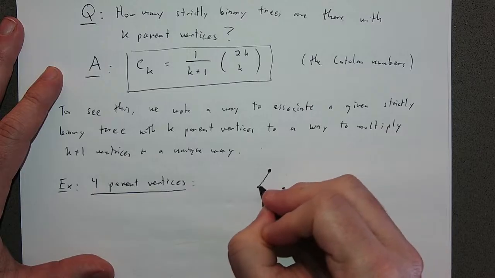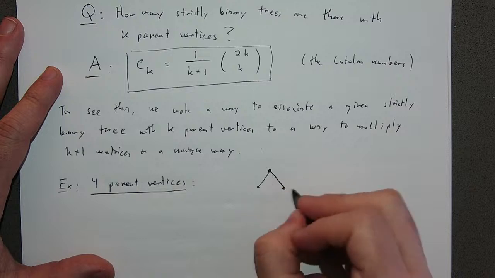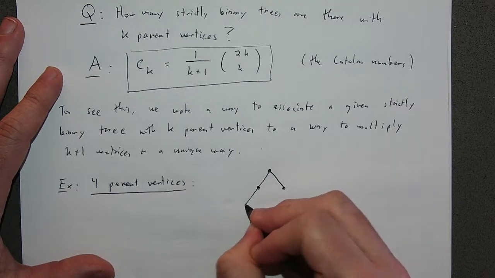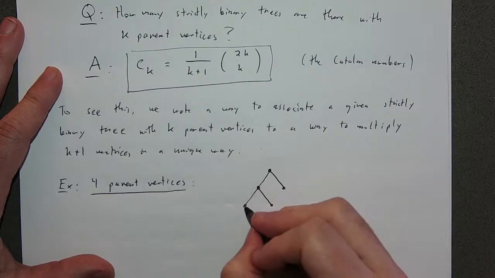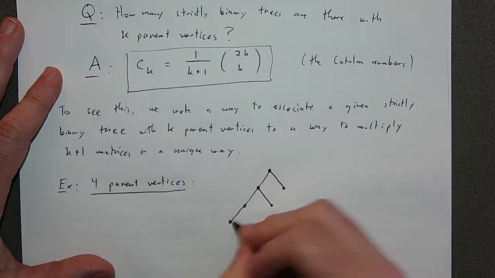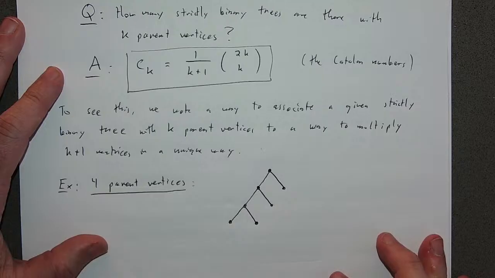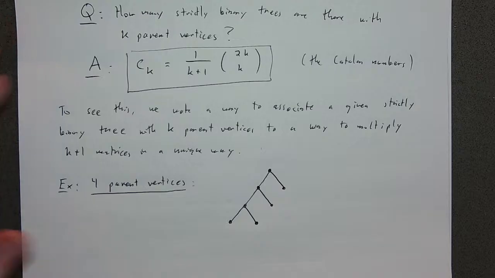I'm going to have a root here and 2 children. And then this one is going to have 2 children. And then this one is going to have 2 children. And that is that. So here are my 4 parent vertices here.